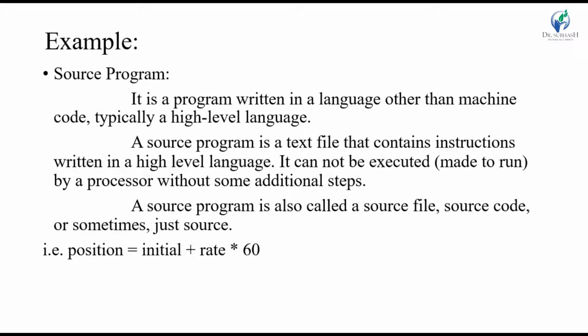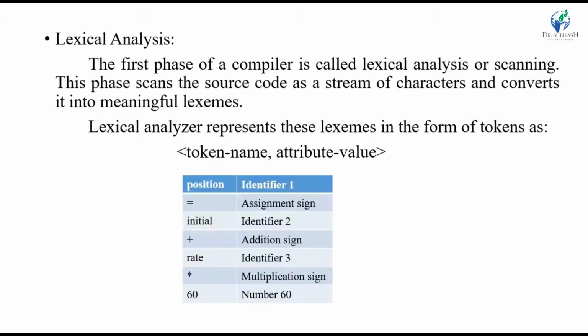With the help of this example, I can show you how all phases work from source to target program. First phase is lexical analyzer. Source program is passed to lexical analyzer. So it generates token stream. Then what is token?